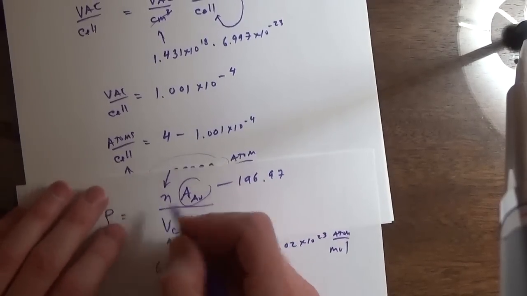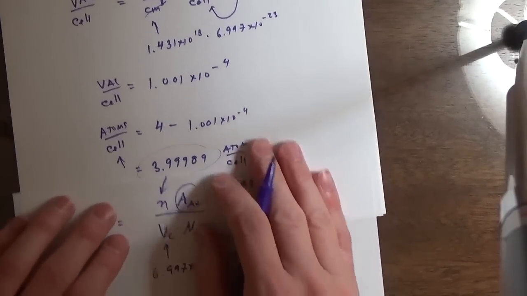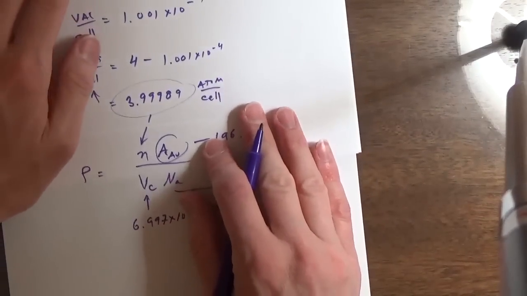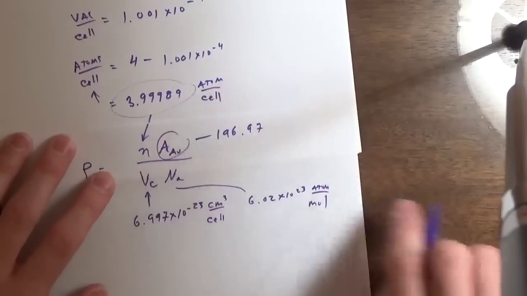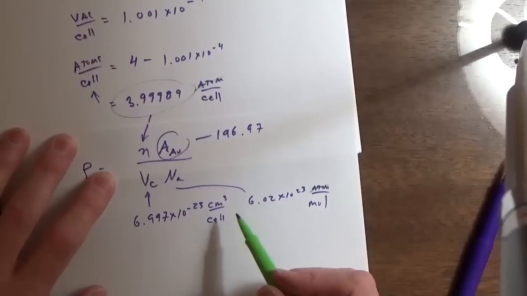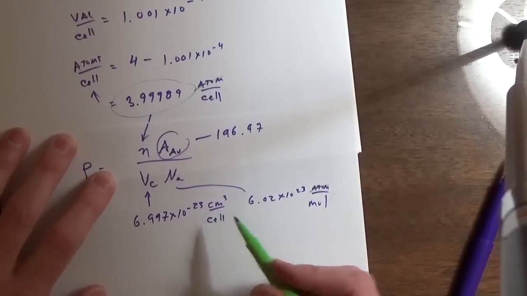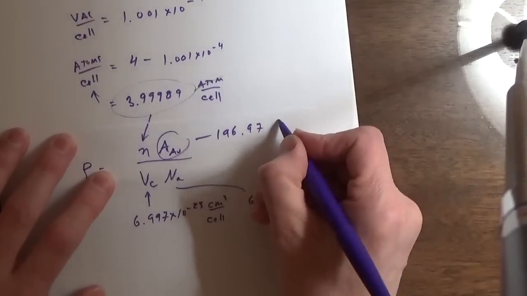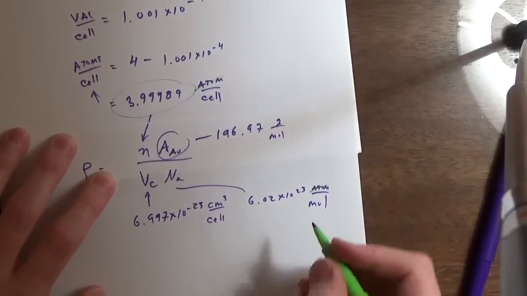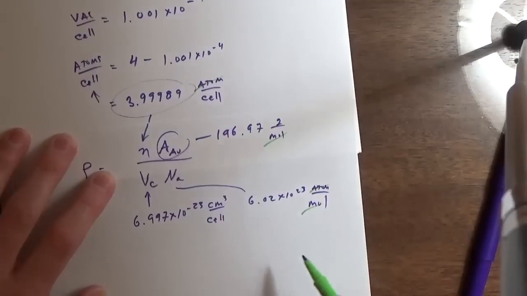This is atom per cell. Atoms go away. This is gram per mole. Moles go away.